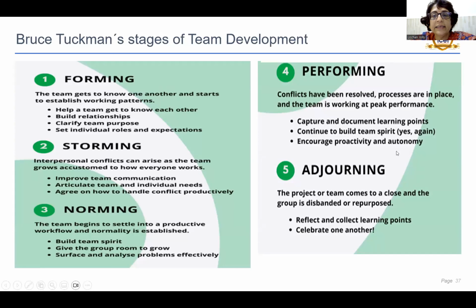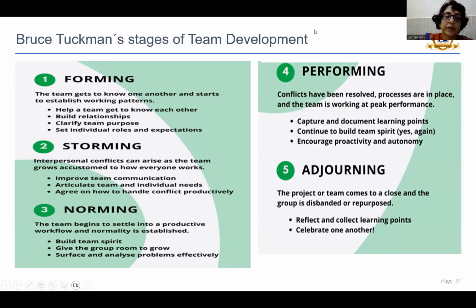So as she correctly said, these are the things that help a team get to know each other, build relationship, clarify the team purpose, set individual roles and expectations. Then improve the team communication, articulate team and individual needs, agree on how to handle the conflict productively.